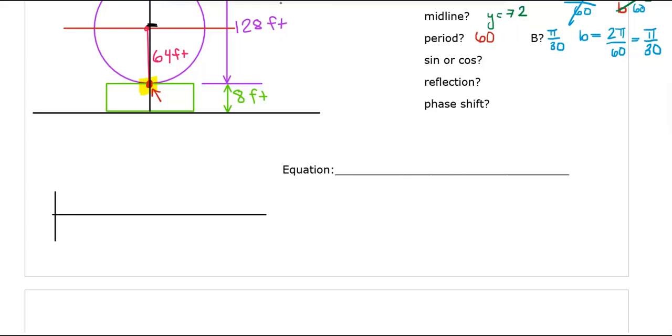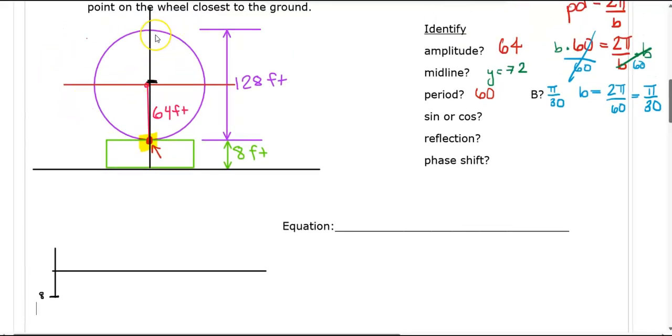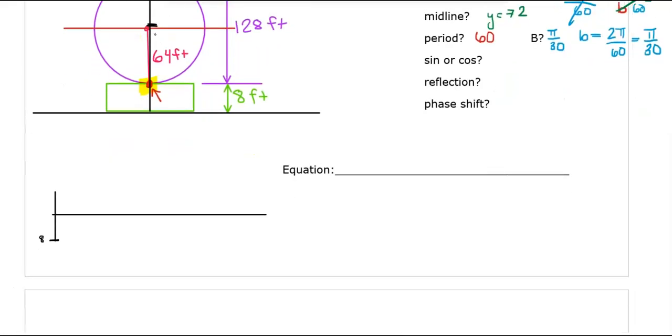This right here would be that 8 feet for the bottom of my Ferris wheel, right? And then I'm going to have my maximum up here, which would be the 120. Oh, sorry, no, not 128.